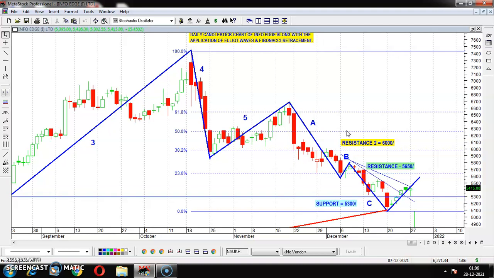Apart from that, technically this is very strong. But if there are weak global cues hovering around the market, then it might impact this stock, and in that case it may come down. But if there are no negative global cues, then there is a very good possibility to go towards upside based on these positive technical parameters, right?